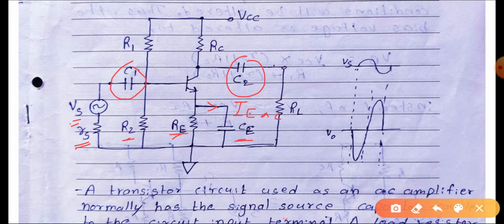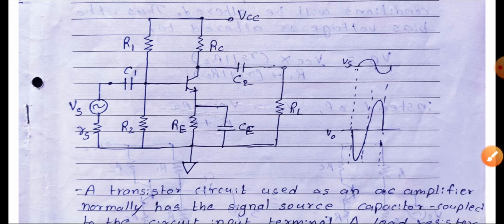There will be both AC and DC, causing a large amount of voltage drop across this resistance. So a large amount of voltage drop will be there across this resistor if the capacitor is not used, and both AC and DC emitter currents will flow through this RE resistance.